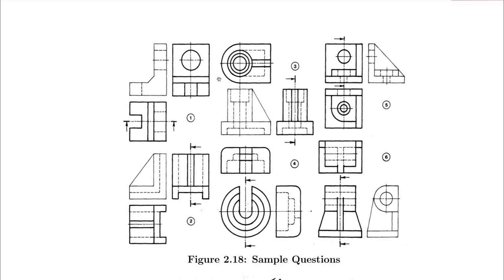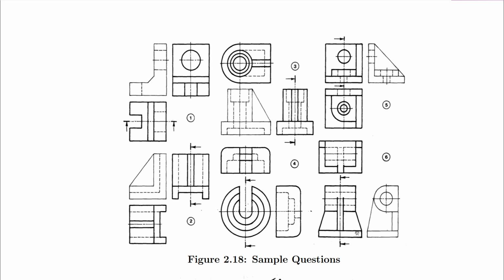If you look at this one here, we have a plan above, two views below. So plan up, front view down, end view. This is third angle projection. If you look at item 4, we have two views below, one above. This we can say is third angle projection. If you come to this one too, this we can say is first angle, and this one we can say is third angle. That's number 6.